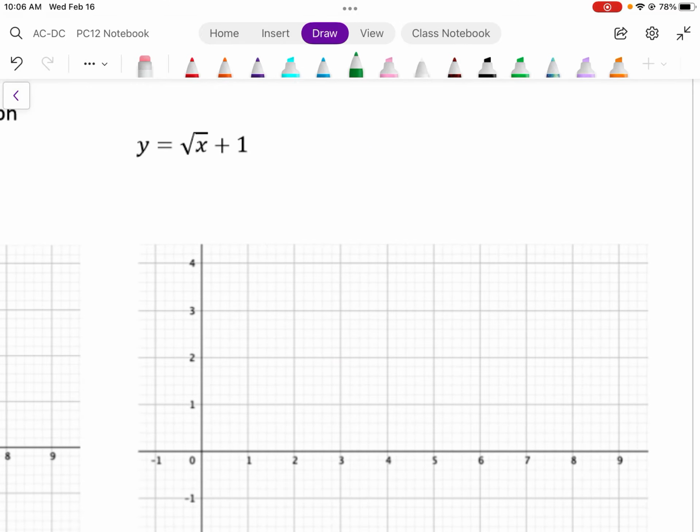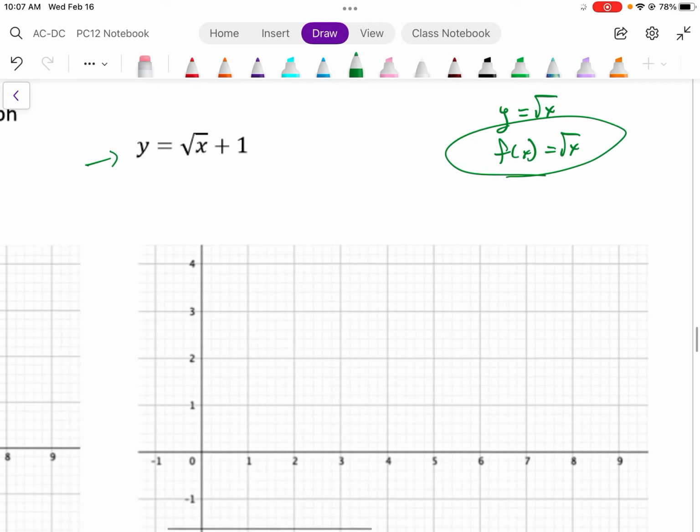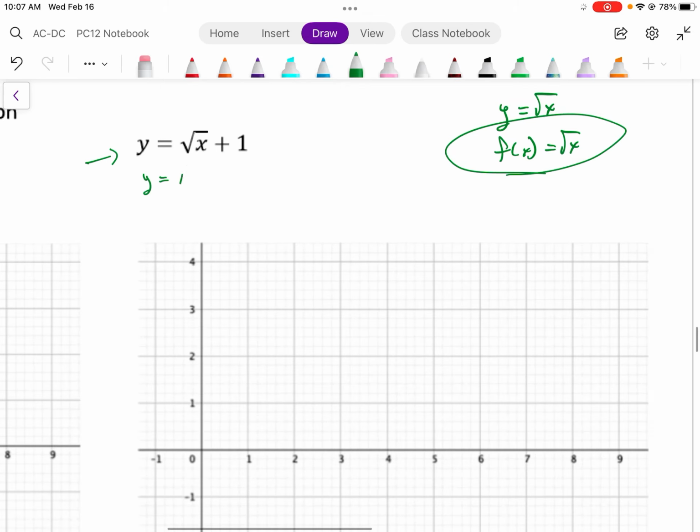Now, I know how to graph y is equal to the square root of x. And if I simply call f of x is equal to the square root of x, if I define a parent function as the square root function, take a look at y. Well, y is just my parent function shifted up 1 unit, where k is equal to 1.